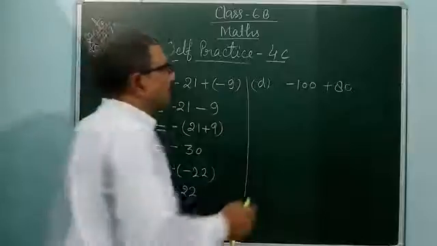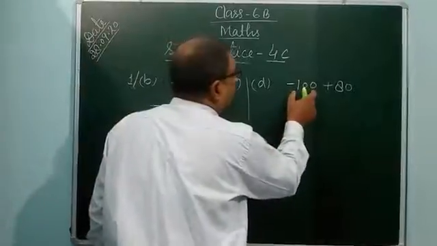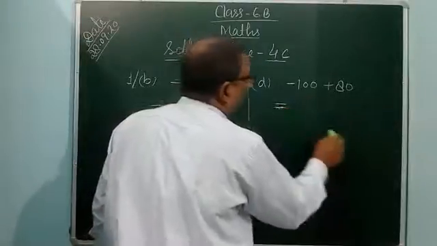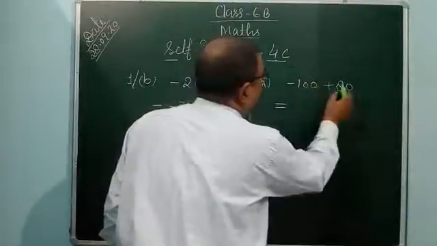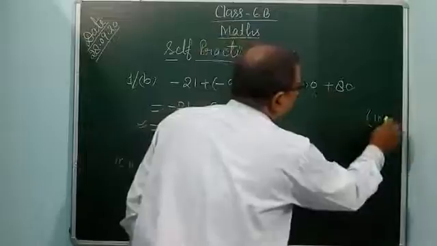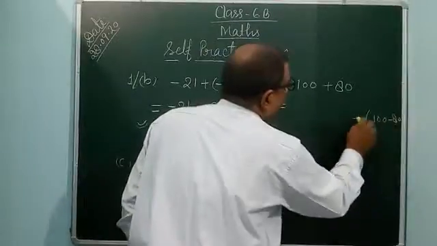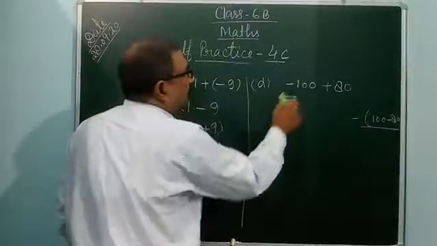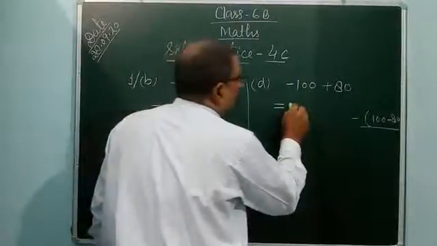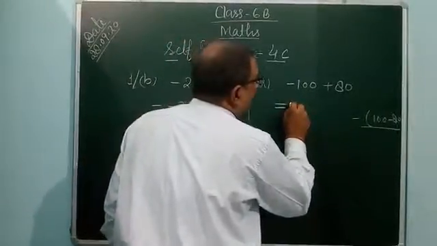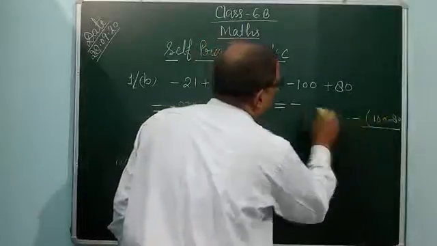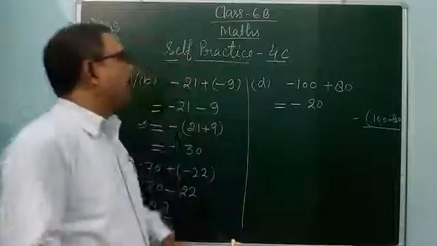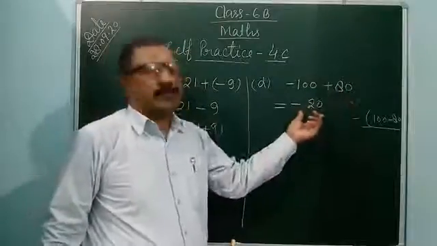It means from that minus 100 you add plus 80, so it will come as 100 minus 80, but with a minus because this is the minus symbol. 100 minus 80 is 20, so minus 20. So minus 100 plus 80 means minus 20.